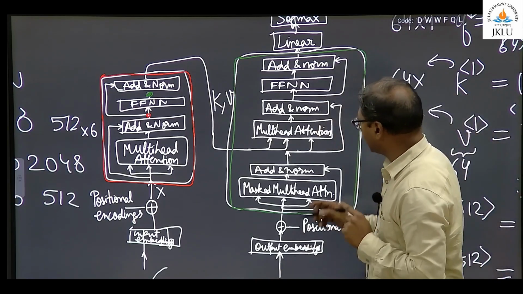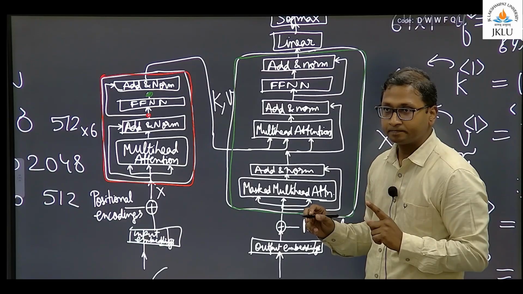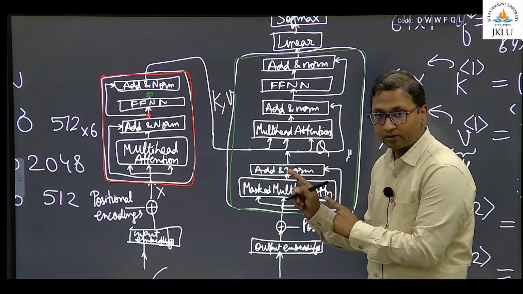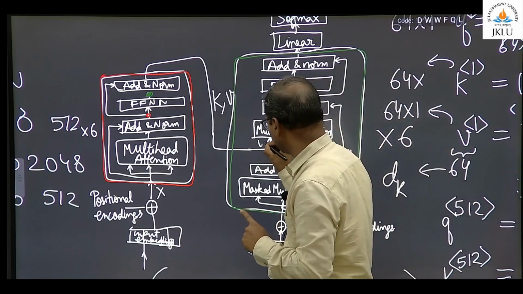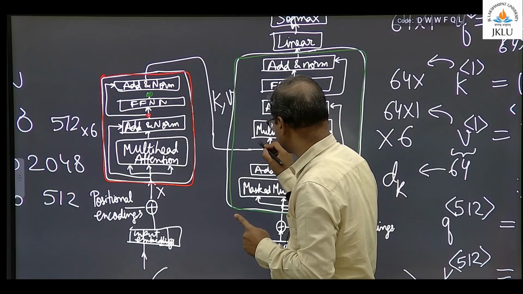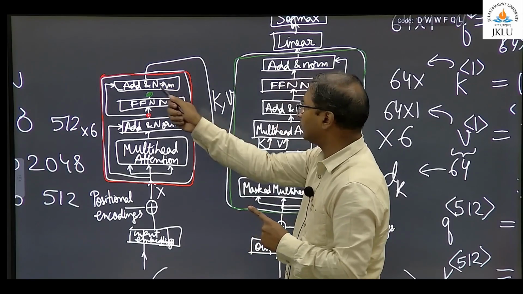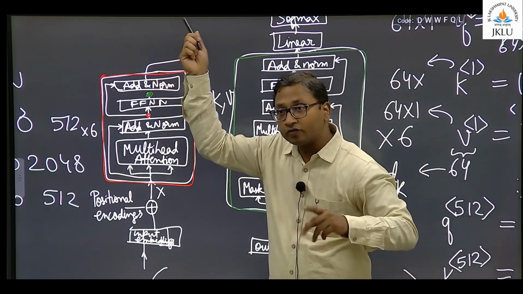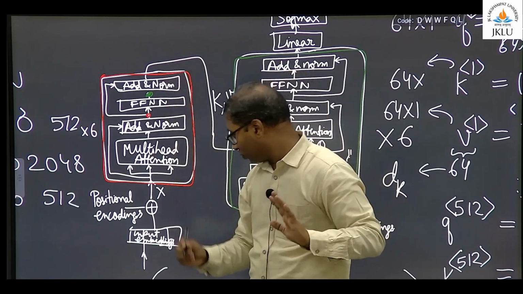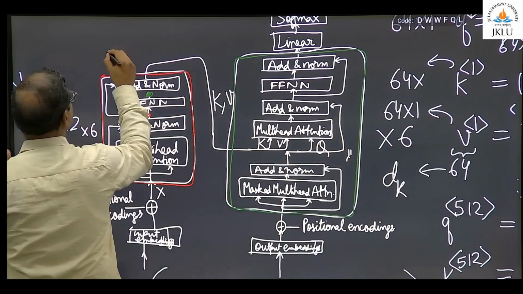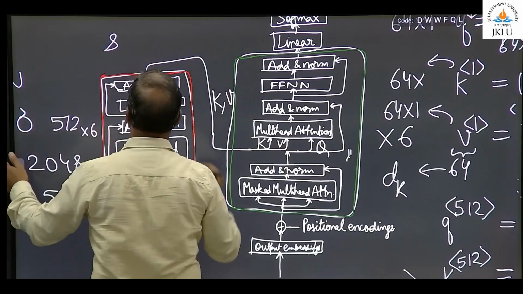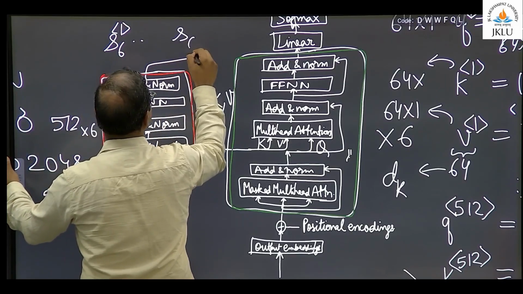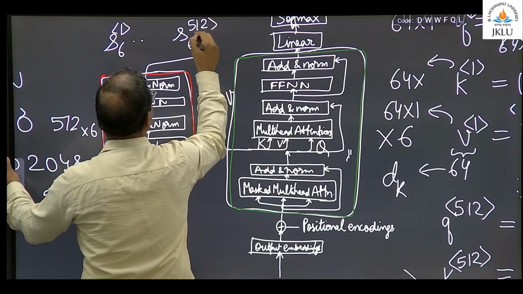In multi-head attention you have queries from the decoder, but you have keys and values from the encoder. What will be the output of this encoder actually? Output will be something like S61 all the way until S6512.